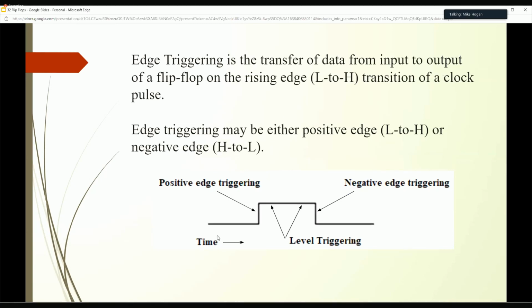This is just showing what I was saying about how you could trigger on the leading edge, you could trigger on the lagging edge, or you could trigger on the level. Like I said, most of the time we're going to be better off triggering on the edge, and we're usually going to stay right here with the leading edge.